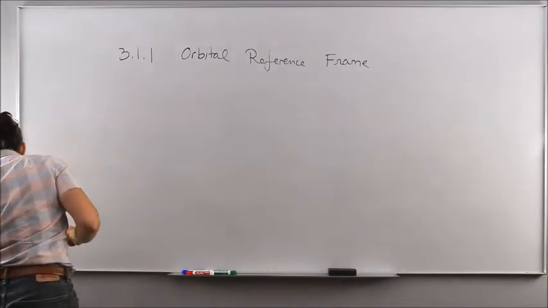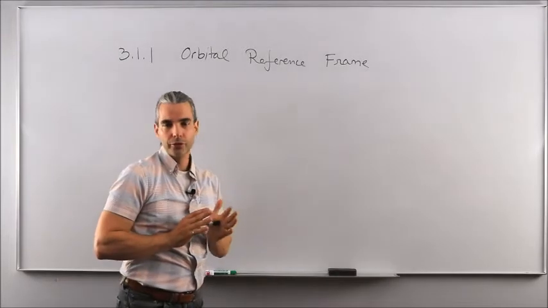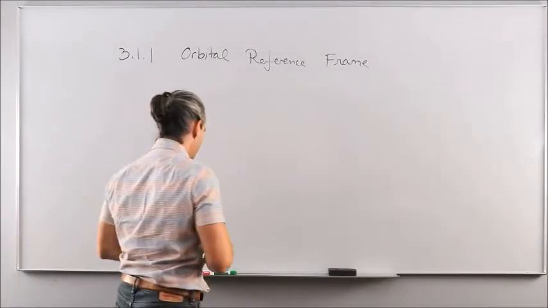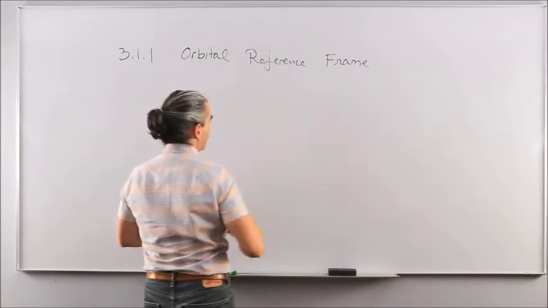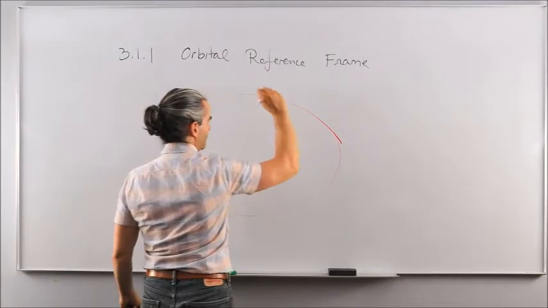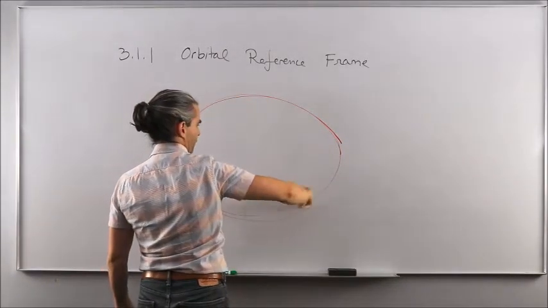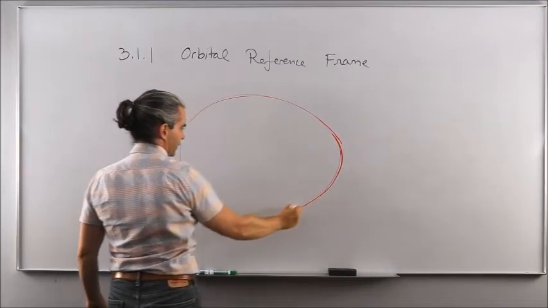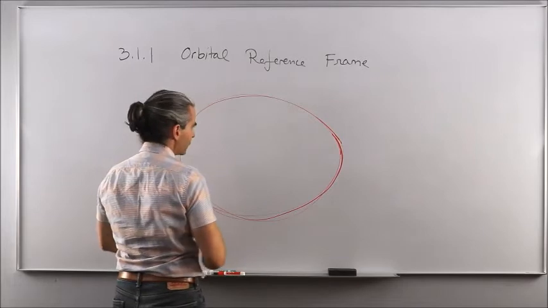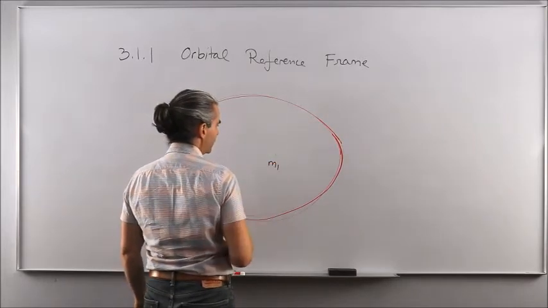So if you remember the perifocal reference frame, you will have an easy time understanding this one because it's almost the same. So if you have an elliptical orbit like this, okay, and you have M1 at a focus.